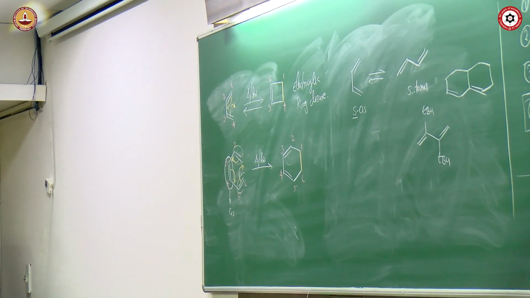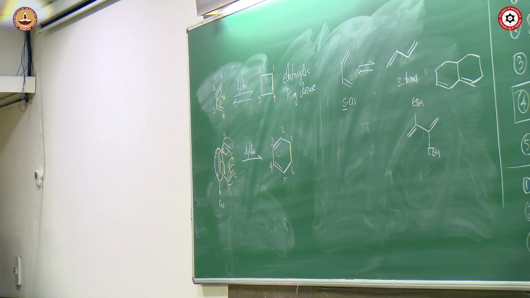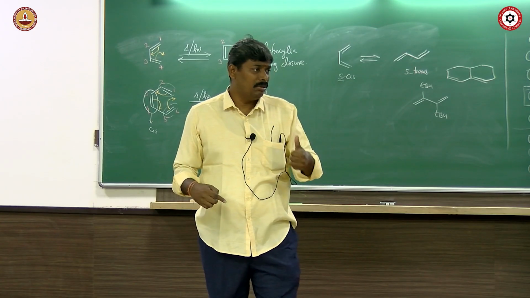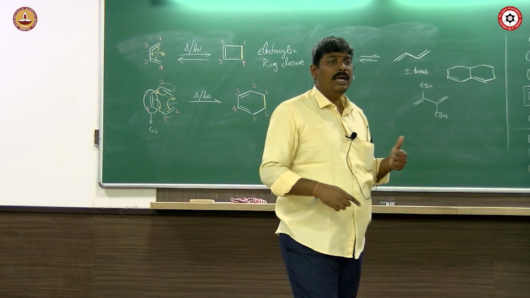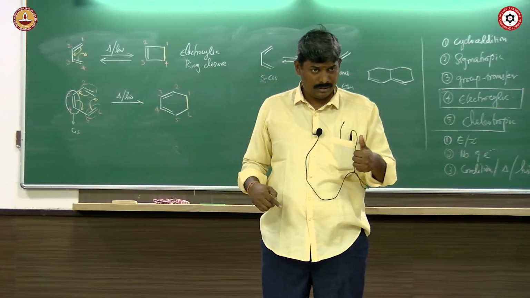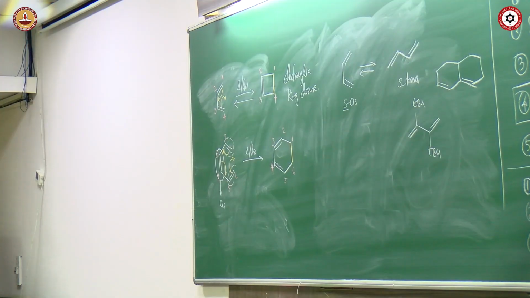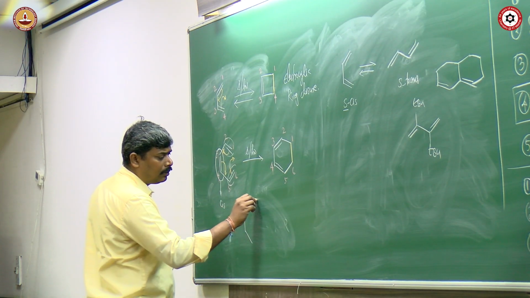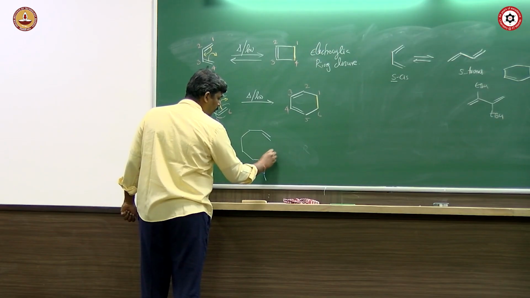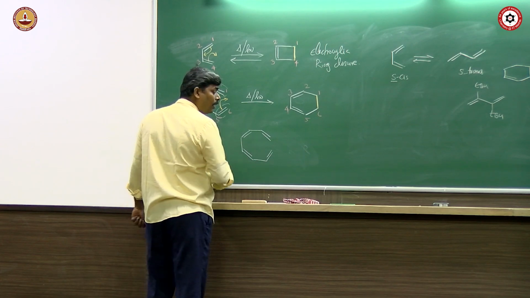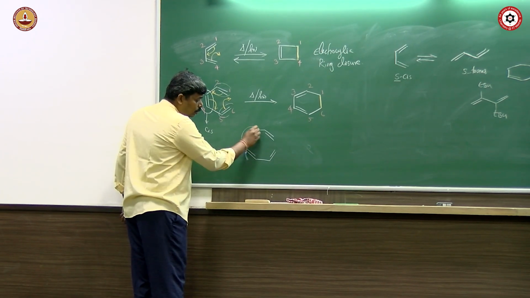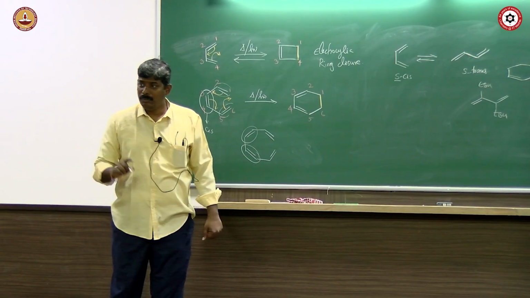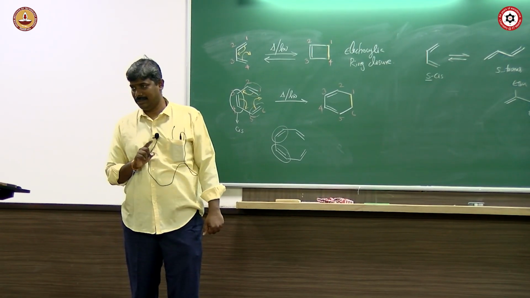A hexatriene, compared to those two terminal ones, has an internal one, there is one double bond. That has to be a cis double bond. If you go to an octatetraene, for example, it has 2 double bonds which are internal and both have to be cis.